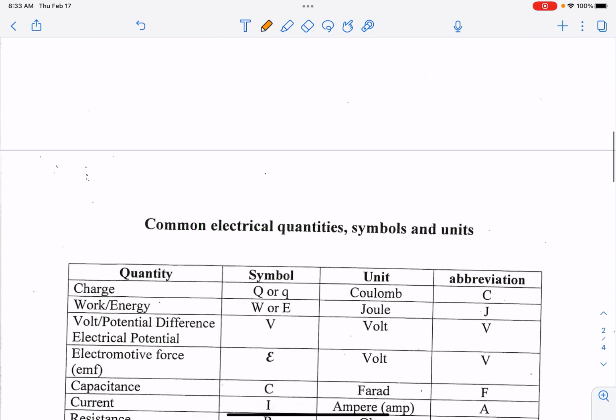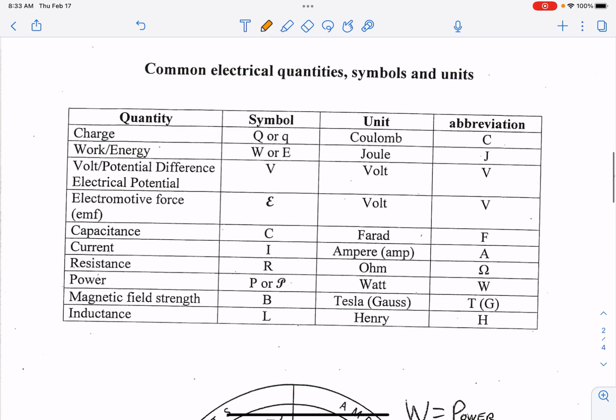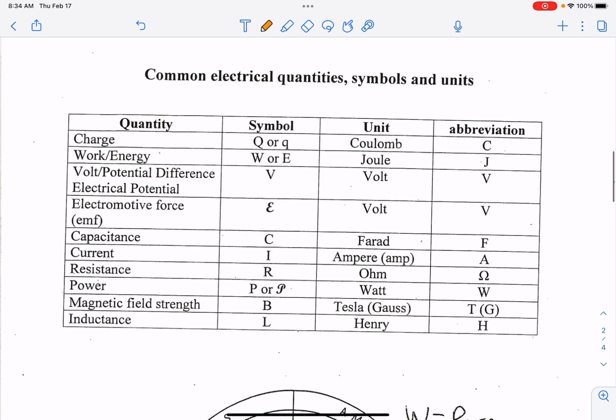Now, moving to the next page, this is a chart that you're going to see on a couple of tests coming up, making sure that you can distinguish the various symbols, units, and abbreviations we use in electricity, because they can become very, very confusing, particularly the ones that begin with the letter C. So if I can point that out, let's go to a different color.